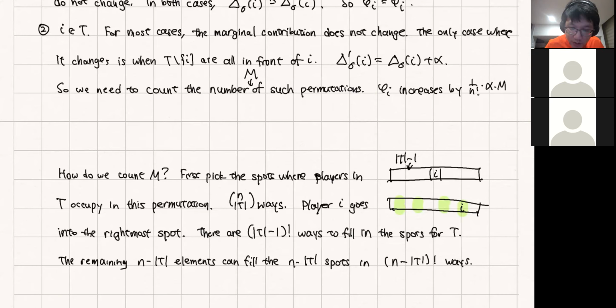So once we fill out the spots for T, you just fill out the rest of the spots.